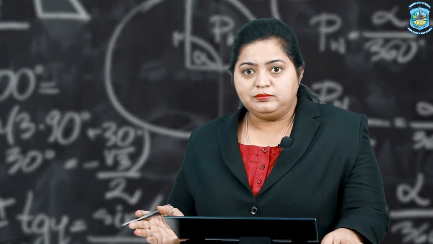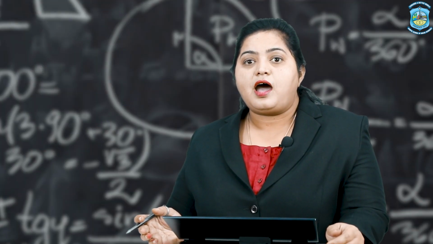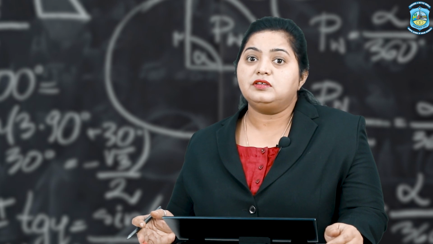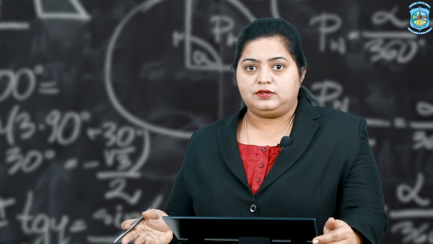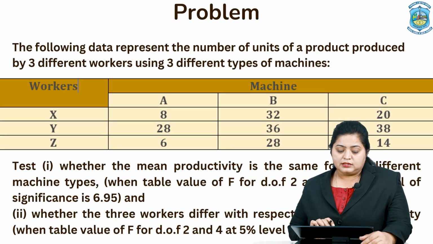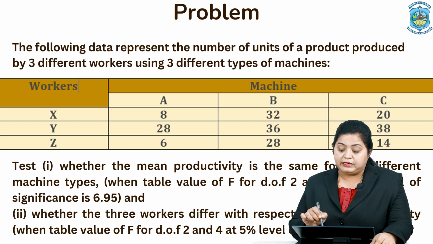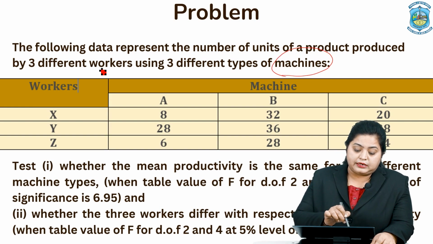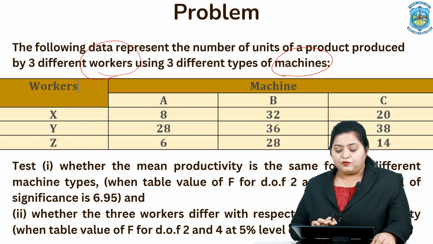Let us take a problem and understand how ANOVA two-way classification is solved. The problem is: the following data represent the number of units of a product produced by three different workers using three different types of machine. Here the two factors are machine and worker. Now we have data for machines and workers.